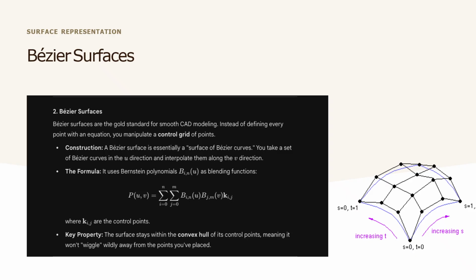These surfaces are commonly used for designing smooth product models and animated characters. The formula uses the Bernstein polynomials as blending functions. The formula is given below, which we use to calculate the Bezier surface.